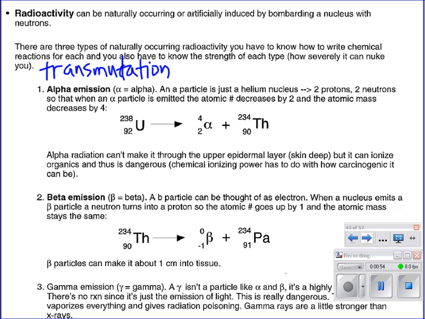The different types of emission particles you need to know are listed here. I want you to know alpha emission. An alpha particle is a 4/2 alpha. You're going to have to know these by heart, unfortunately. The problem would say, uranium-238 undergoes alpha emission, and you have to write the equation. So start with uranium-238.